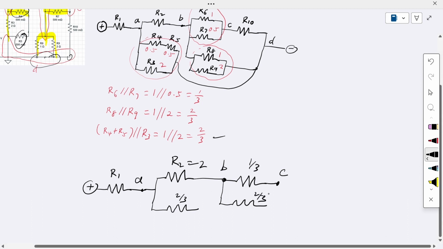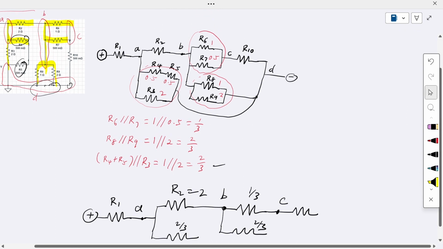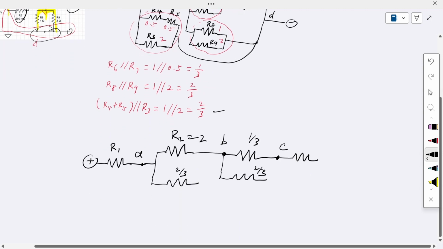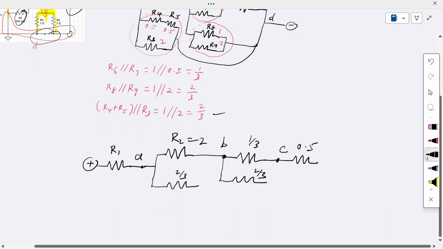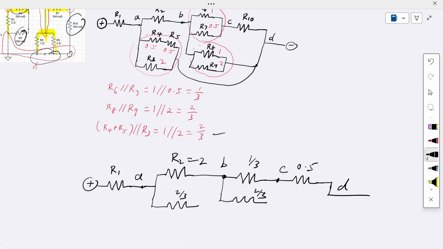And then this C node is connected to R10. What is the R10 value? It is 0.5. And then we have this D node. This one is directly connected to the D node, and this N terminal here also goes to the D node, right?